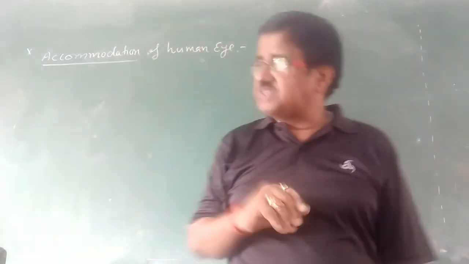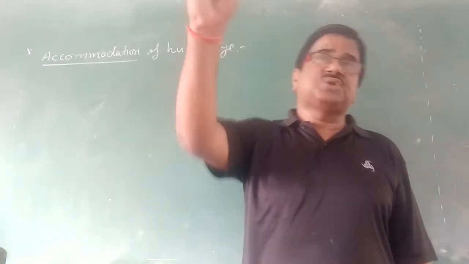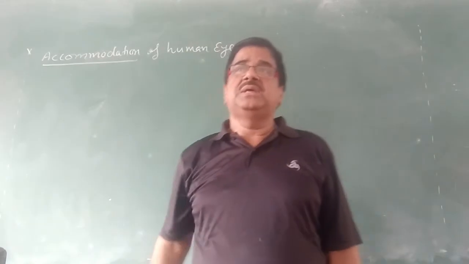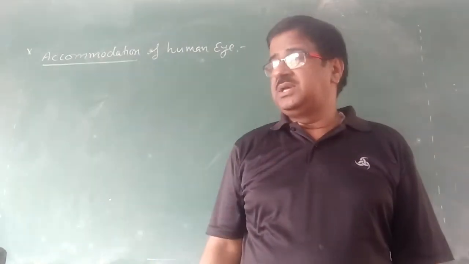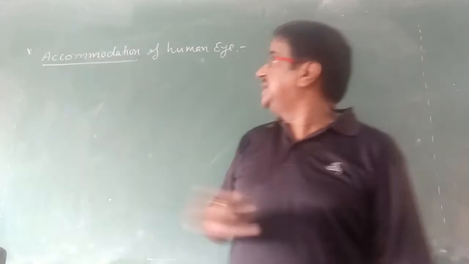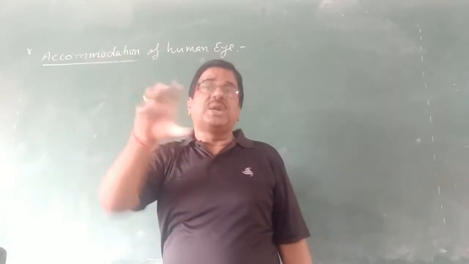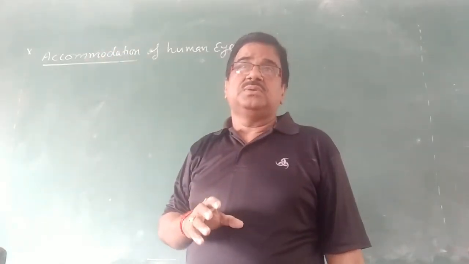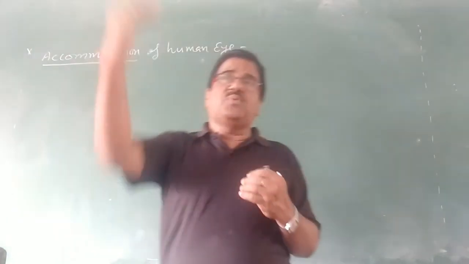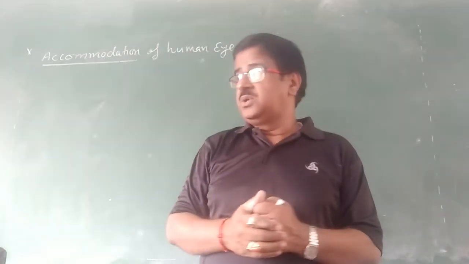So how is it possible to see the distant object as well as the nearby object with the help of a single lens? So that is the term that arises here, accommodation. By accommodation, our eyes accommodate to see the objects between the near point and the far point, नजदीक वाले को भी और दूर वाले को भी.